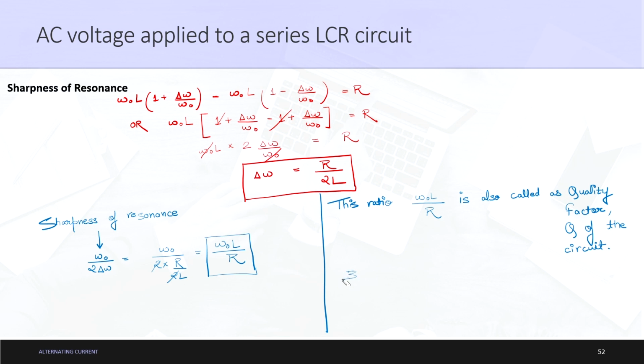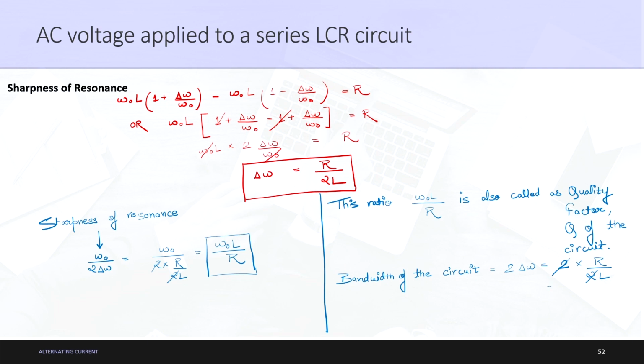So, the bandwidth of the circuit is nothing but equal to 2 times delta omega. 2 times delta omega is nothing but equal to 2 times R by 2L.